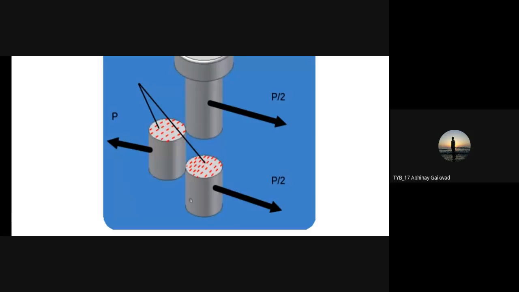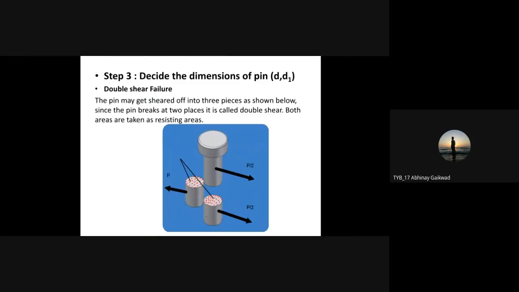Here also, the pin which we insert in the double eye and single eye section will shear out. So how do we find the shear stress? The same formula applies: force is equal to resisting area multiplied by the shear stress.